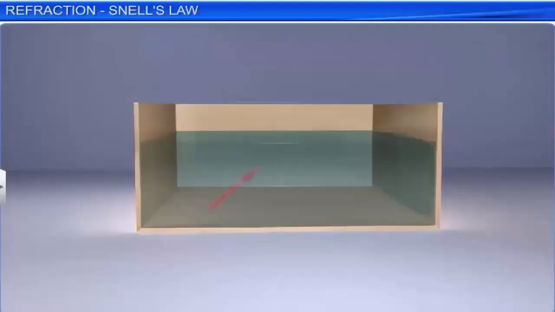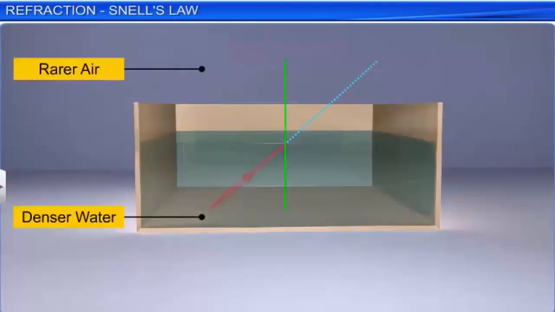When light travels from denser medium to a rarer medium, its speed increases and it bends away from the normal. On the other hand, if light travels from a rarer medium to a denser medium, its speed decreases and it bends towards the normal.